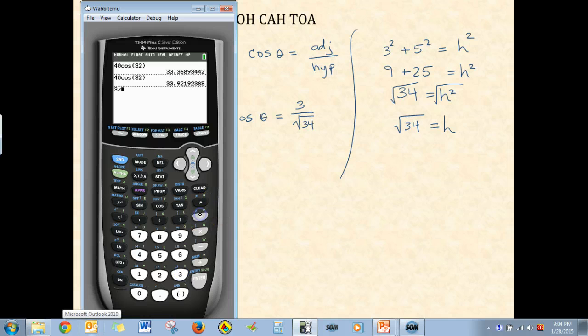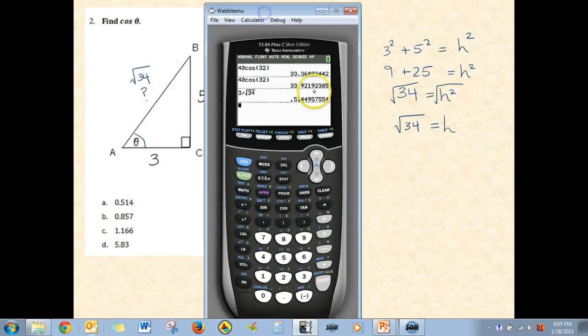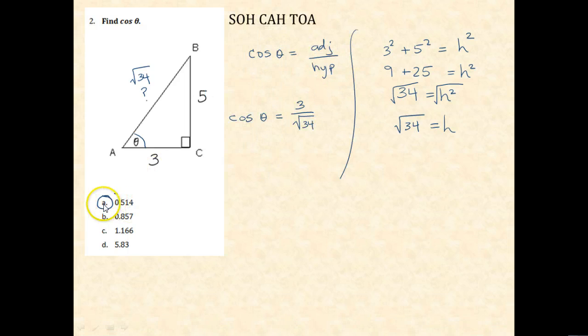Three divided by the square root of 34 equals 0.5144. That is A. Ding.